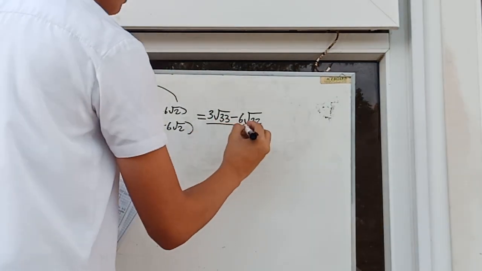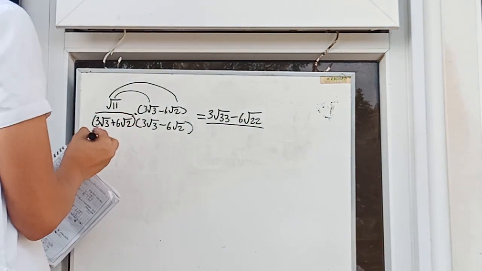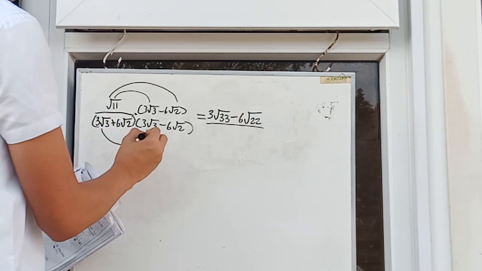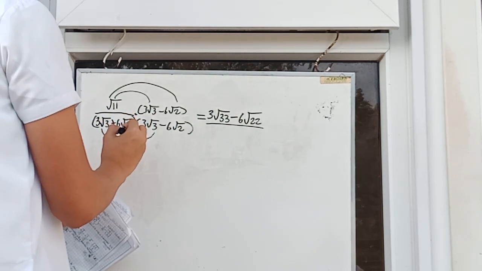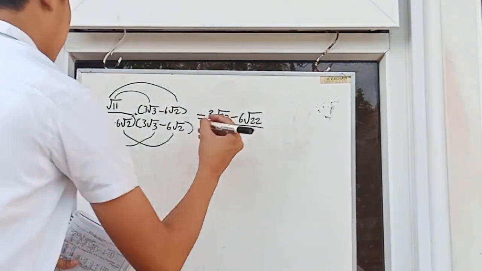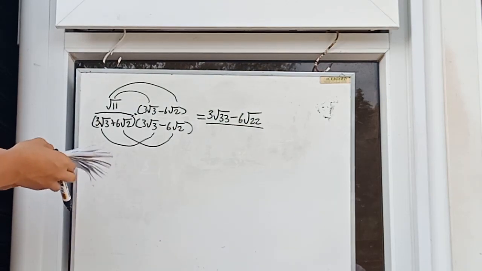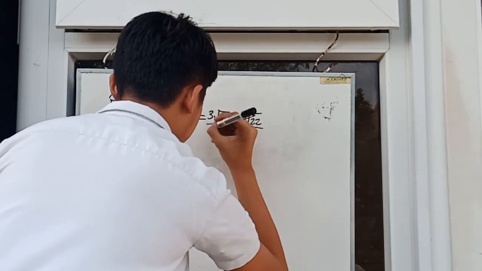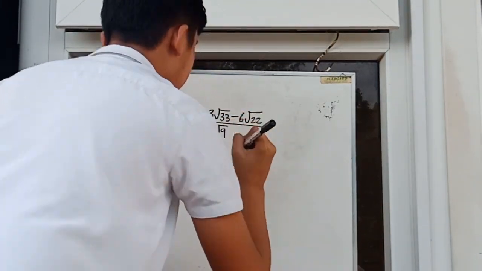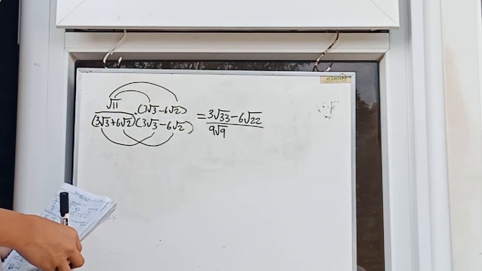Now we move on to the denominator. Now, we just multiply 3 square root of 3 with also 3 square root of 3 and 6 square root of 2 with negative 6 square root of 2. So, 3 square root of 3 times 3 square root of 3 is going to be 9, because 3 times 3 is 9, and square root of 9. I'm also gonna simplify this later, but let's just move on.